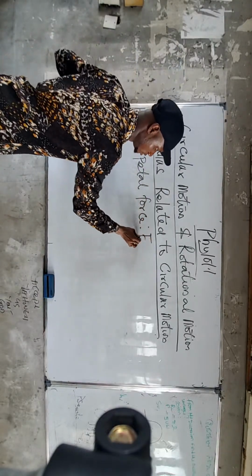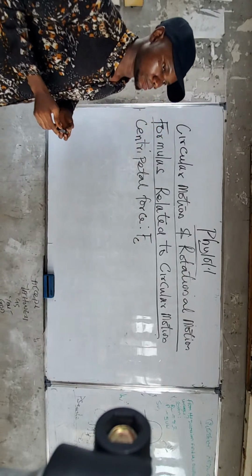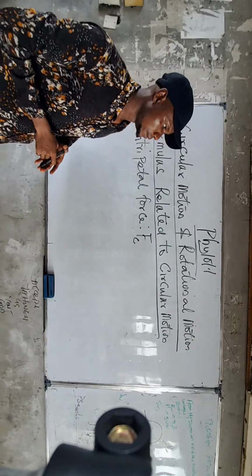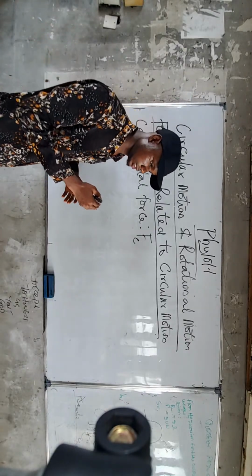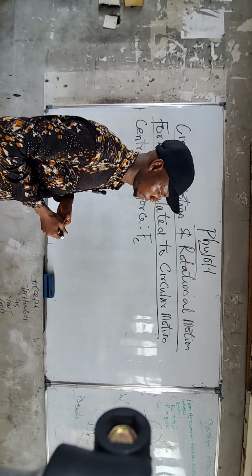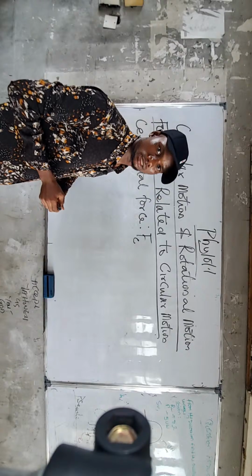That is FC. Please take note. Centripetal force. Now let's define centripetal force here to know more about it. Centripetal force can be defined as force towards the center. Okay?